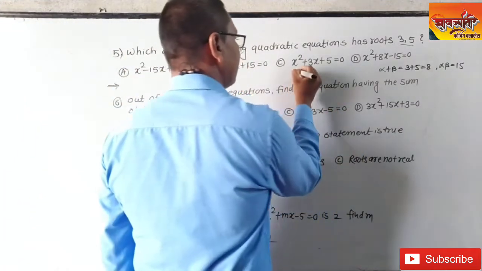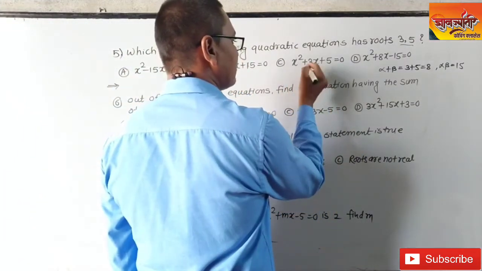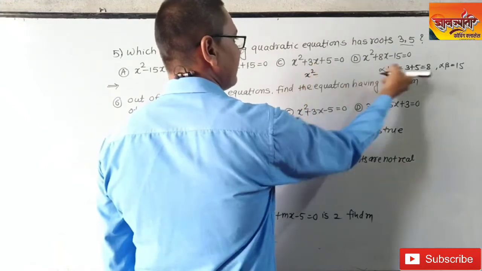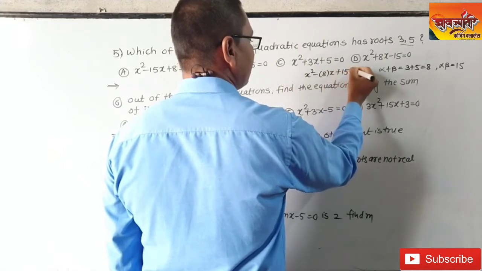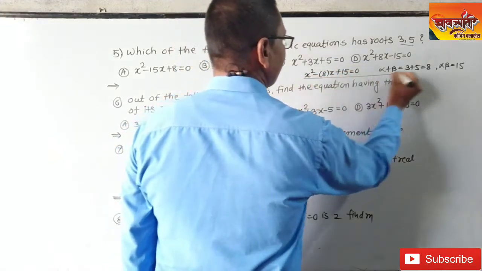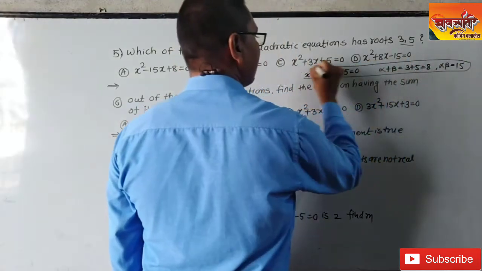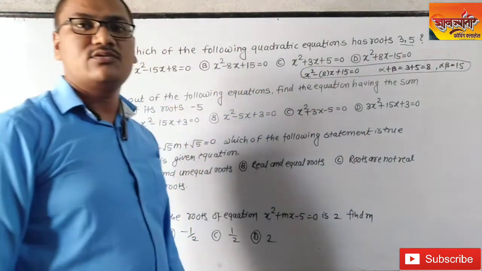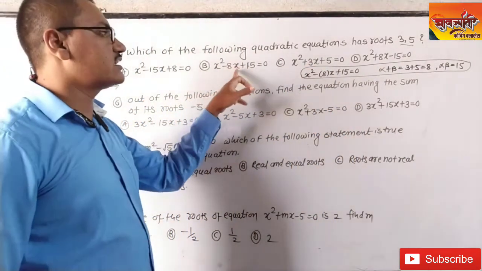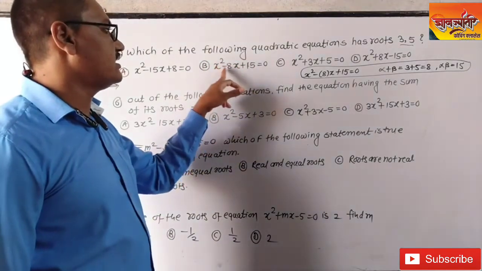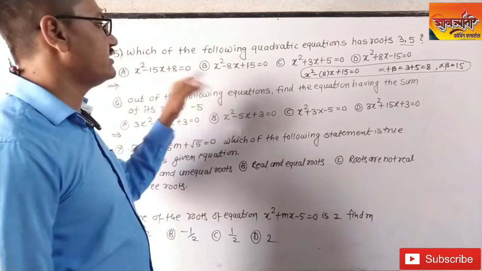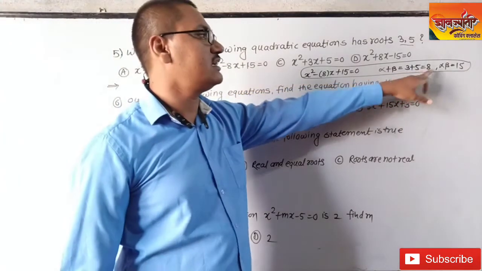Then the required quadratic equation can be solved: x square minus (alpha plus beta) which is 8, into x plus alpha beta which is 15, is equal to 0. By using this condition to determine the required quadratic equation, the correct option is B. Firstly, determine alpha plus beta and alpha beta.